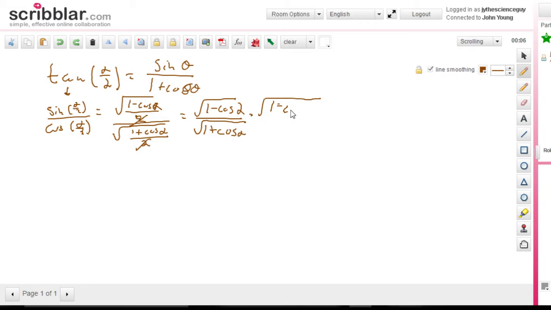So I'm going to multiply this by the square root of 1 minus cosine alpha, and I'll multiply this by the square root of 1 minus cosine alpha. And so on the top, I get the square root of 1 minus cosine alpha squared, because I have 2 of them.